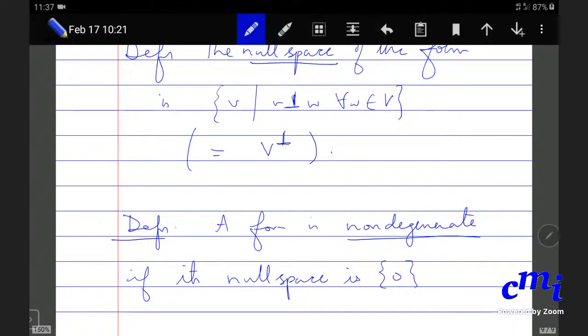Of course, 0 is orthogonal to every vector, because if you take the bracket product of 0 with any other vector, we will get just 0. So it is in the null space of the form, and if the null space doesn't contain anything else, we will call that form non-degenerate.